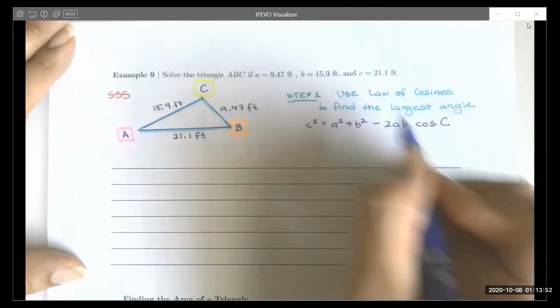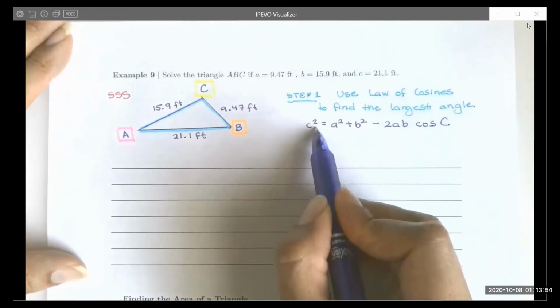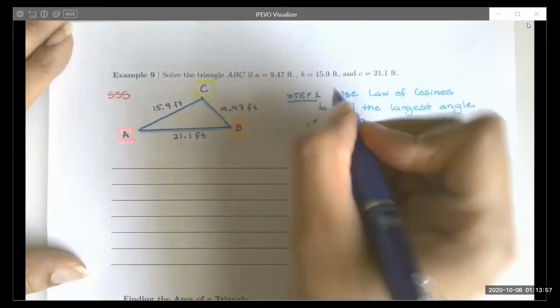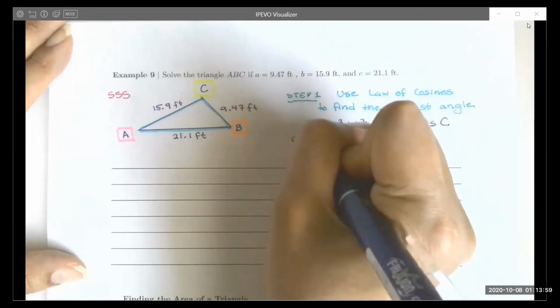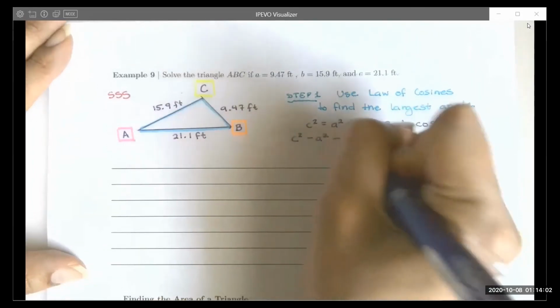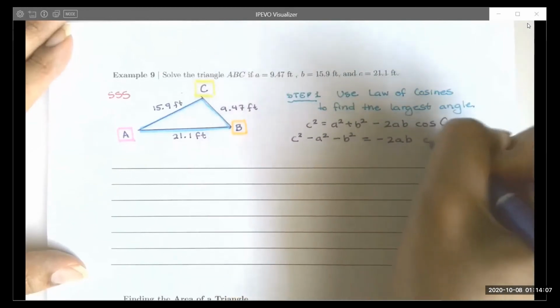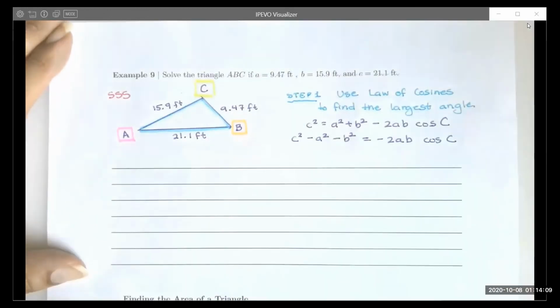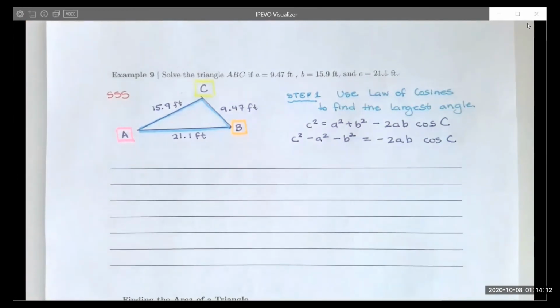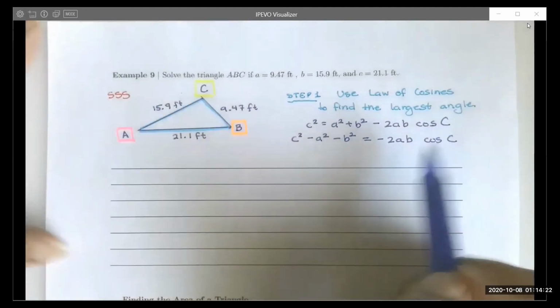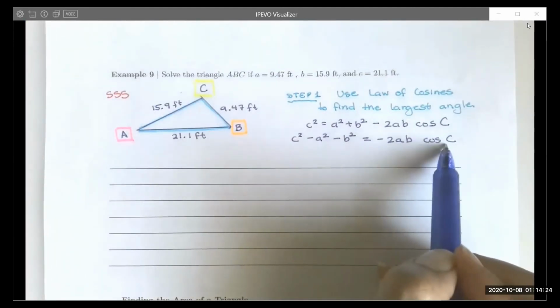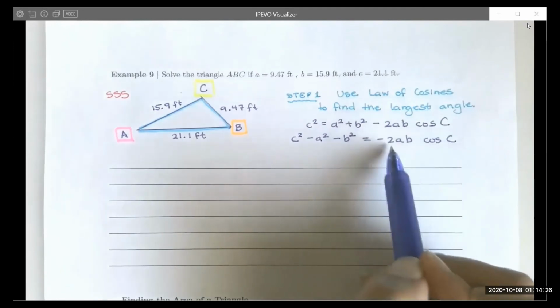So I can subtract A squared from both sides and B squared from both sides of the equation to get C squared minus A squared minus B squared equals negative 2AB times cosine of angle C. Okay, and then from there, remember our goal is still to find angle C, so I need to isolate it.